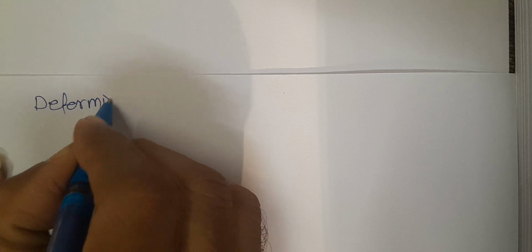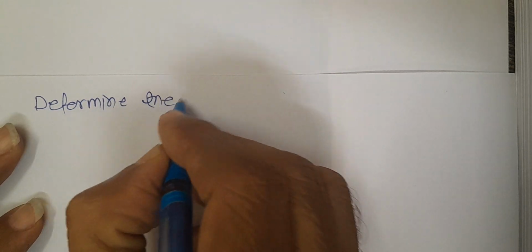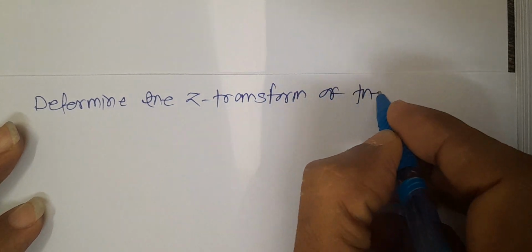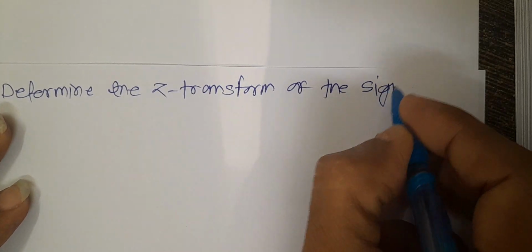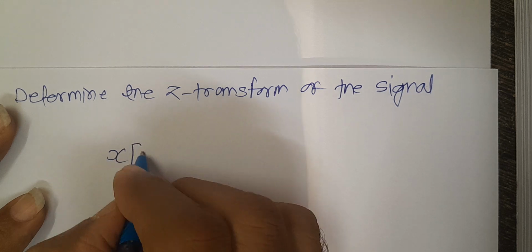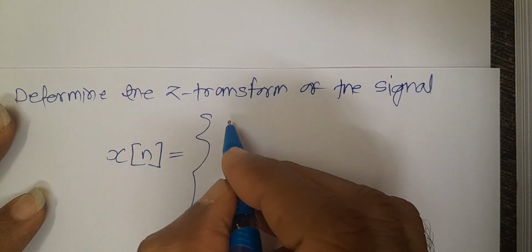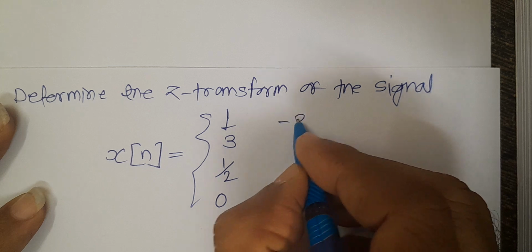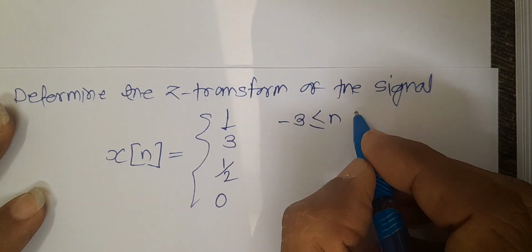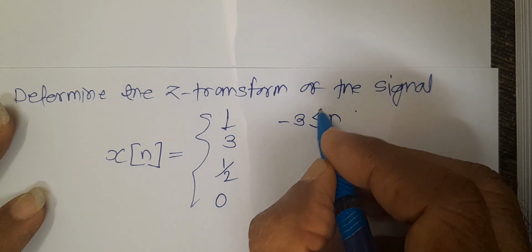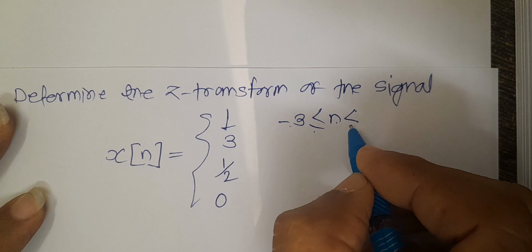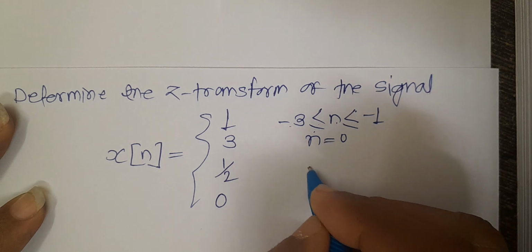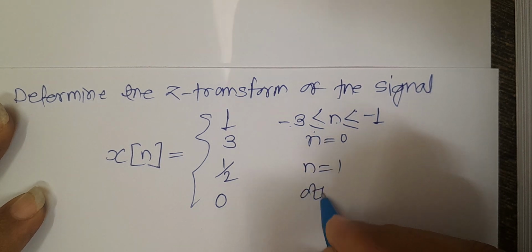Determine the Z transform of the signal x of n is equal to 1 for n less than or equal to -3, 3 for n equal to 0, half for n equal to 1, and 0 otherwise.